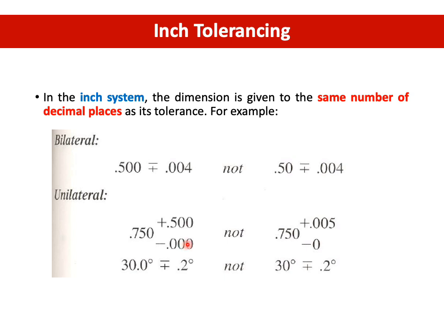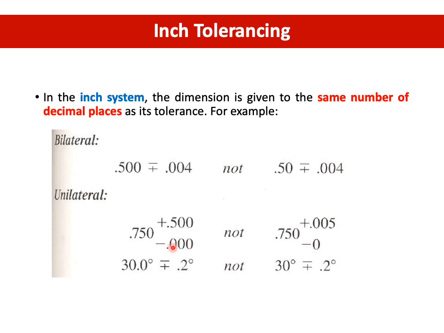But the difference between the unilateral in inch and metric is that for the other way, even if you state it as 0, you need to put the sign. So for this one, it only has a plus 0.500. It is not going to have a decrement on this size.